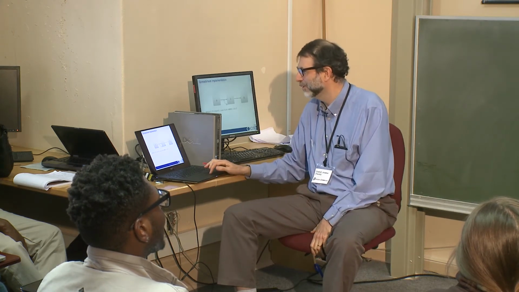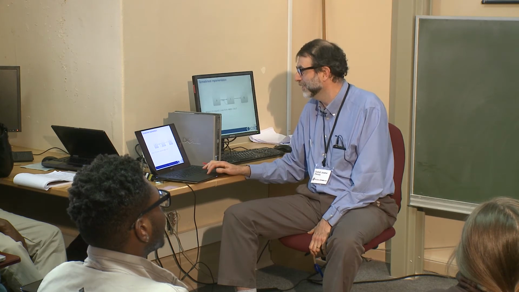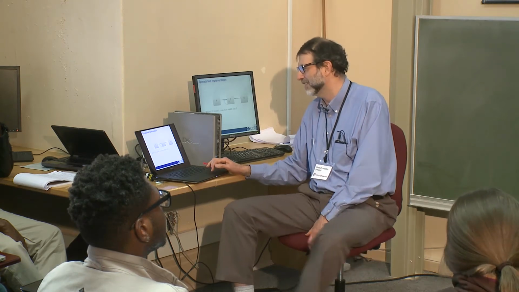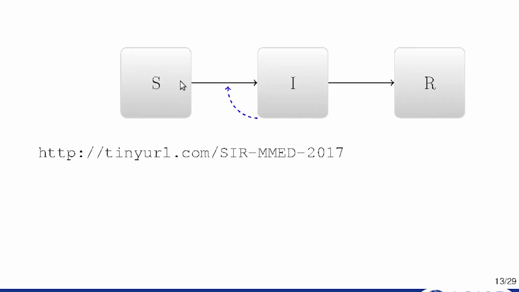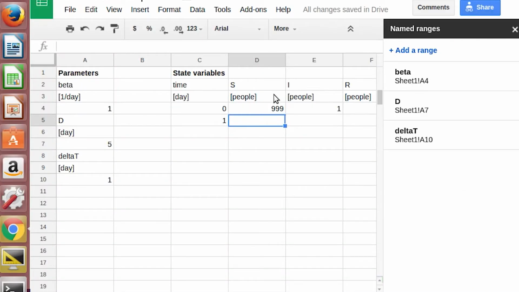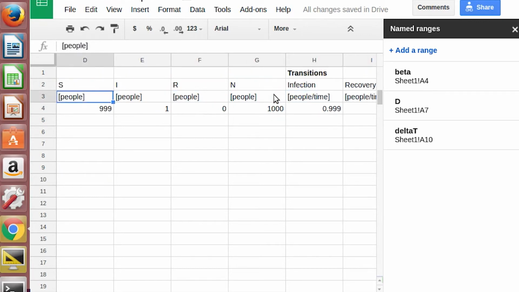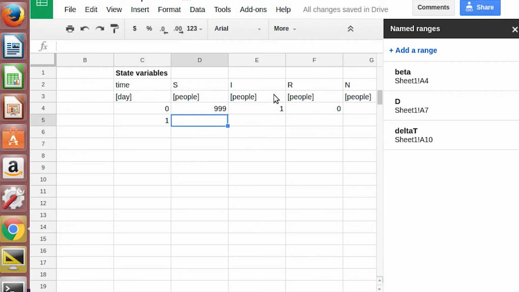Well, maybe I shouldn't have showed you this picture. What's going to change it is the people who are leaving through this arrow, right? And what do we call that? It's not the number of infectious individuals, it's the number of infections, which is not what we call it. We haven't called it anything except the infection transition. So what I'm going to do is write that this is the cell above it, right?